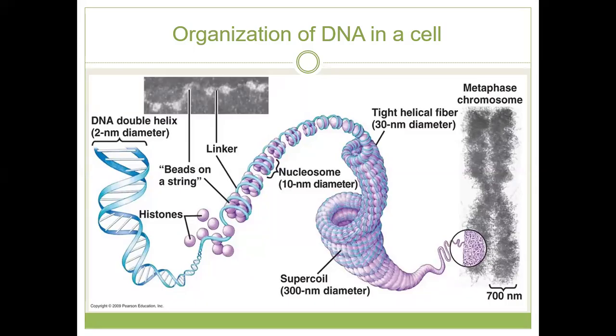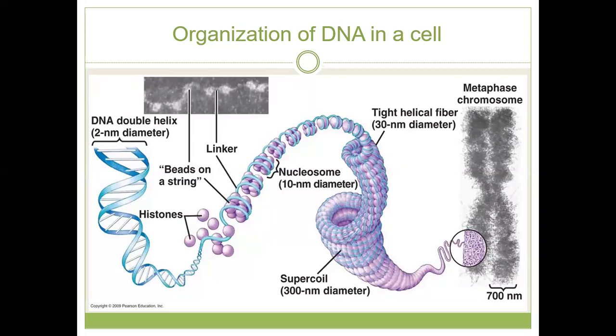Why do we even need to pack this DNA to form a chromosome? Number one, DNA in a particular organism contains about 3 billion nucleotide bases. Now imagine 3 billion nucleotide bases existing in the form of this double helical structure.